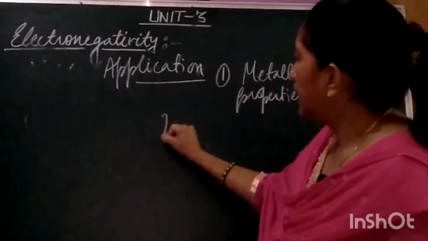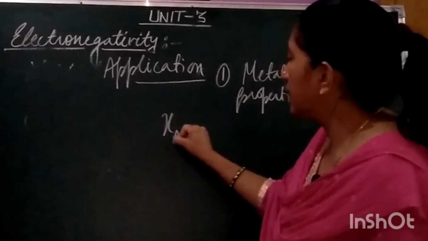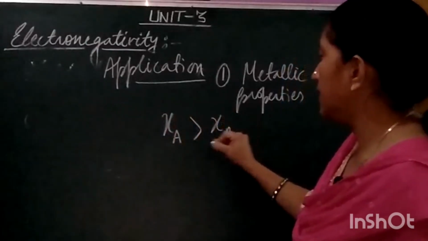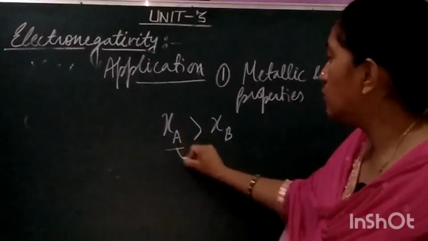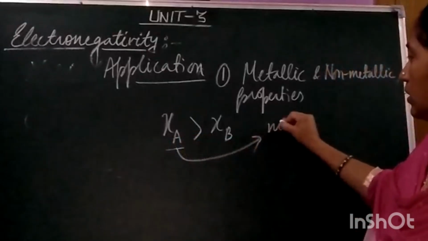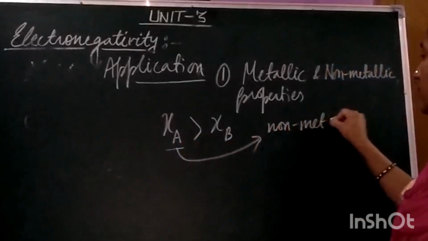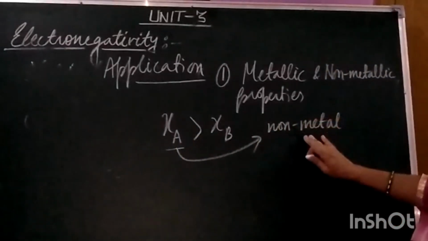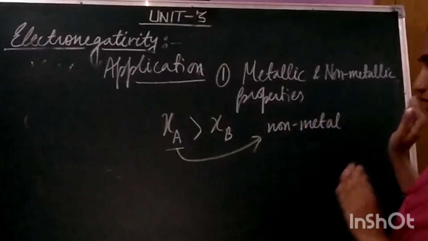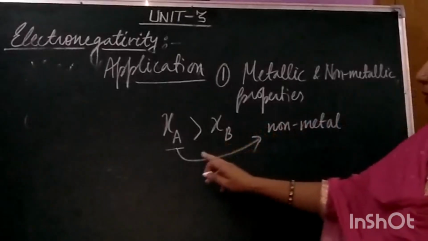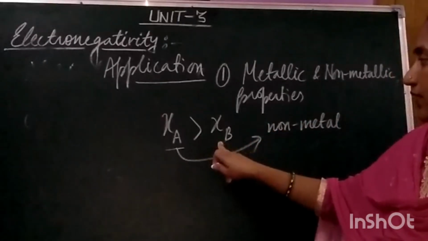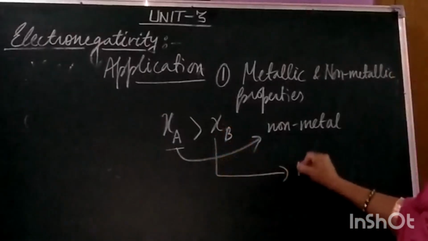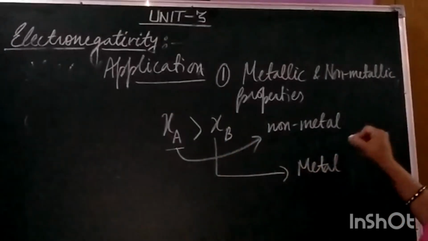If the electronegativity of element A is greater than element B, then A will have the non-metallic character in greater magnitude. And if Xb has the lower value of electronegativity, it will behave as a metal.